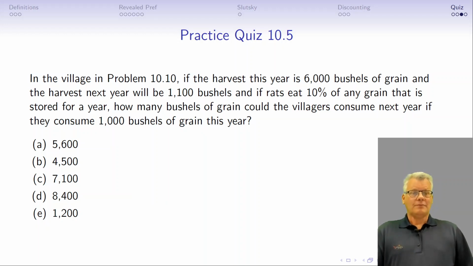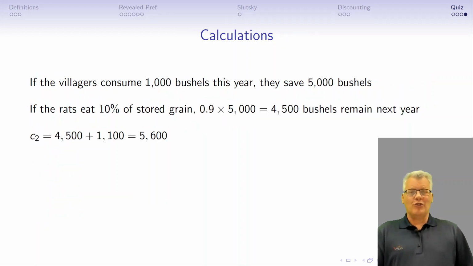Well, I guess to go straight to the math, if they consume 1,000 bushels this year, what that means is they're saving 5,000 bushels. Because remember, the harvest the first year was 6,000. They consume 1,000, 5,000 are saved. And this is actually a negative interest rate, right? Because the rats eat 10%.